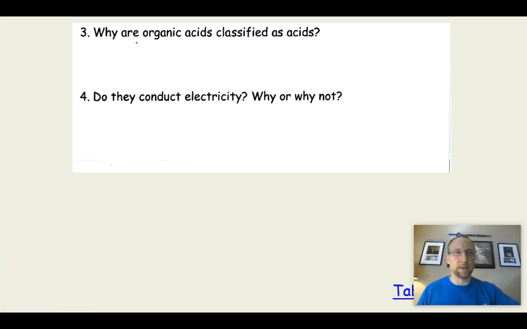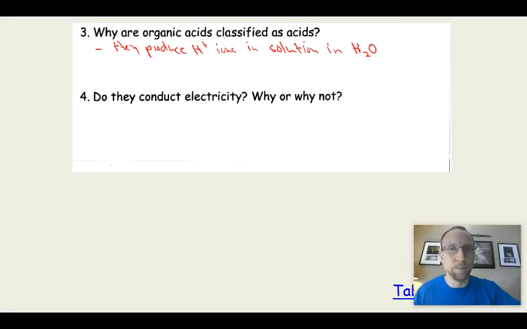Think back to our Arrhenius definitions. Because they produce H plus ions in solution in water. That's what makes them an acid.